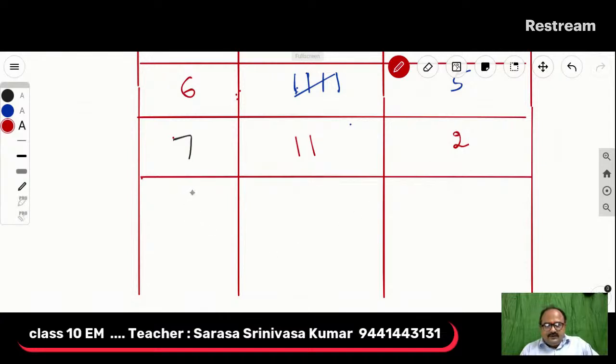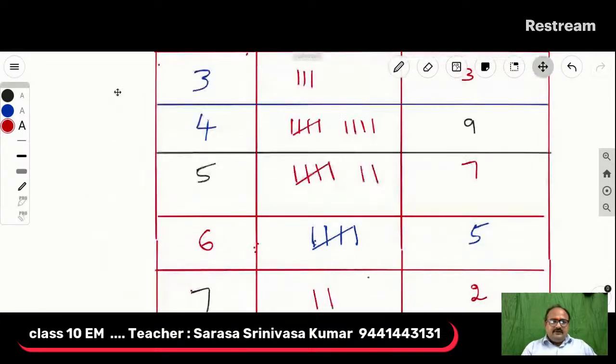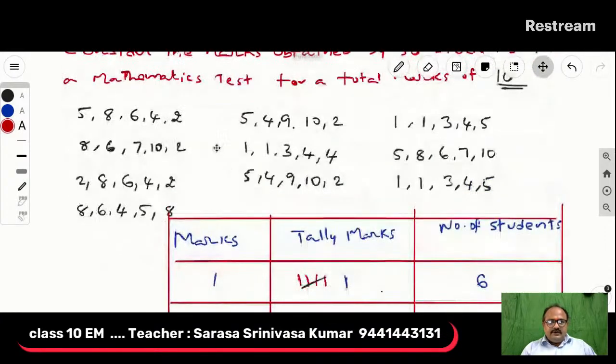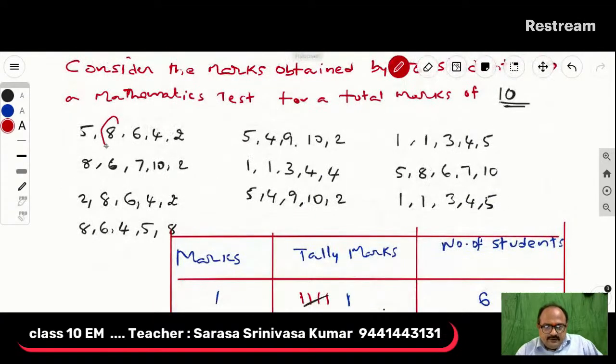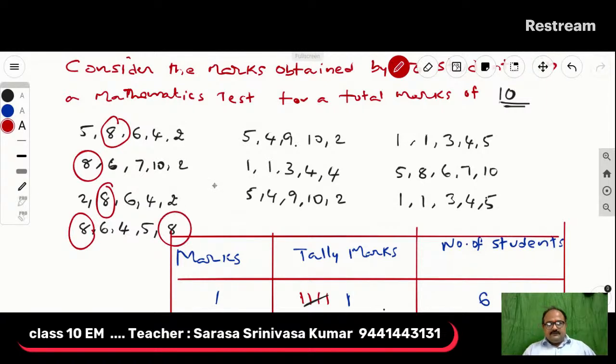Next we write 8 marks. So let us see how many students got 8 marks. Here is the first student, second student, third, fourth, fifth. We have observed 5 students here. Next, here is the sixth student.